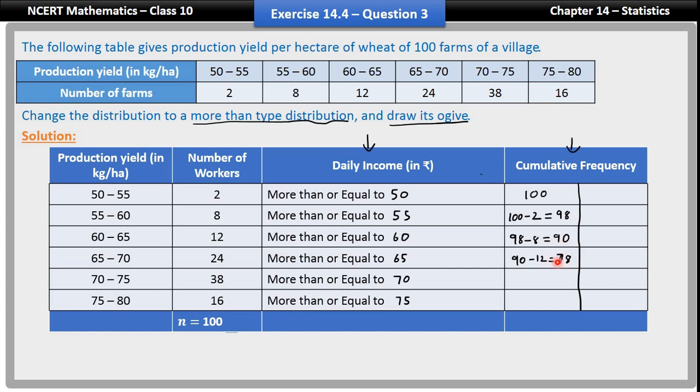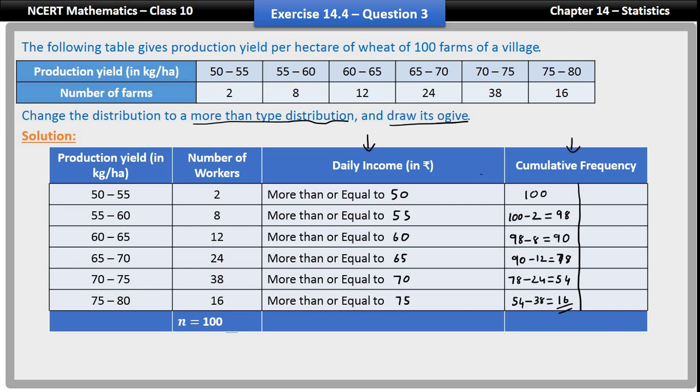Now from this 78, subtract 24, which is equal to 54. Now from this 54, subtract 38 to get the cumulative frequency of the last row. That is 54 minus 38, which is nothing but 16. So this is how you have to find cumulative frequency if you come from the top.